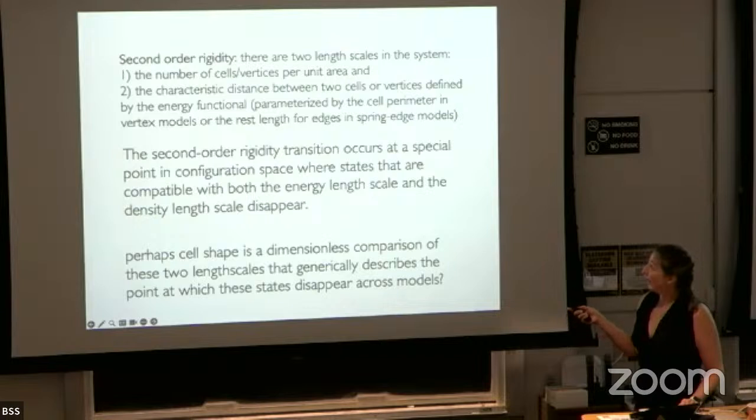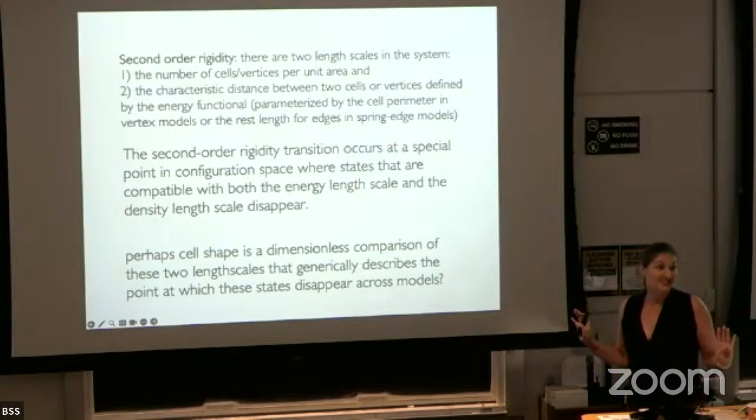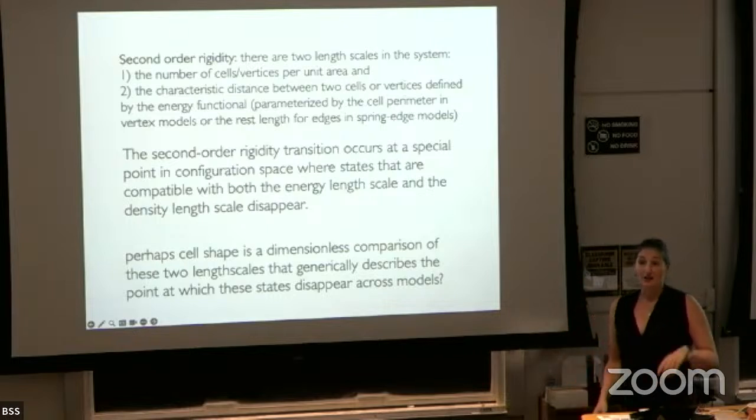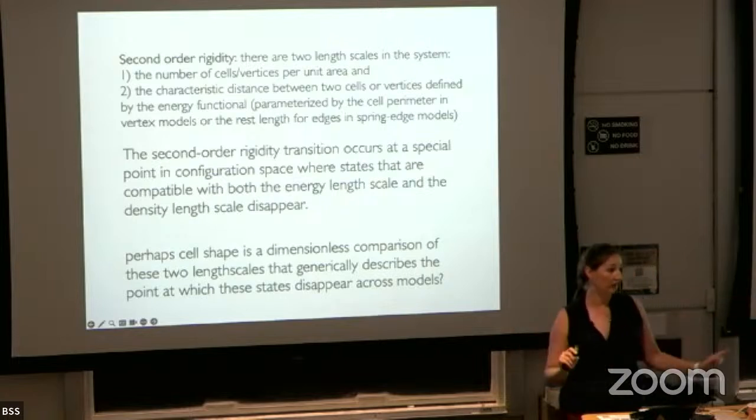Second order rigidity happens at the special point in configuration space where these two things can't be satisfied. That's it. You can go back through your notes and see why that framing works. First order rigidity is constraint counting. It just matters the topology of who's connected to who.